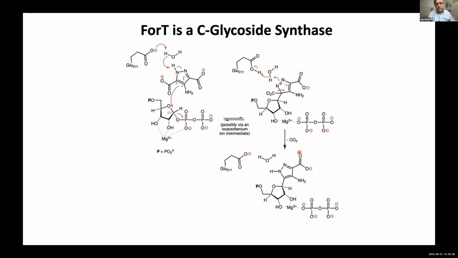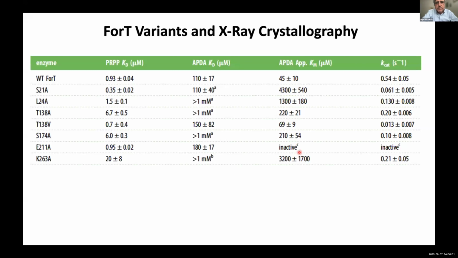Being enzymologists, we do the same kind of boring things other people do, right? We change the structure. We were interested in finding the functional residues of the enzyme, and particularly in finding variants of this enzyme which would react slowly, which would give us the best chance of trapping intermediate structures during the catalytic reaction by X-ray crystallography.